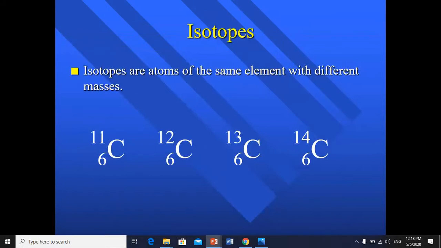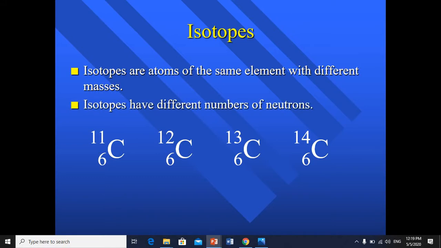Isotopes are atoms of the same element with different masses. As you can see in the carbon here, the atomic number is 6, so the number of electrons and protons doesn't change, while the number of neutrons changes because the mass number of this carbon is changed. So these are isotope examples. Isotopes have a different number of neutrons.